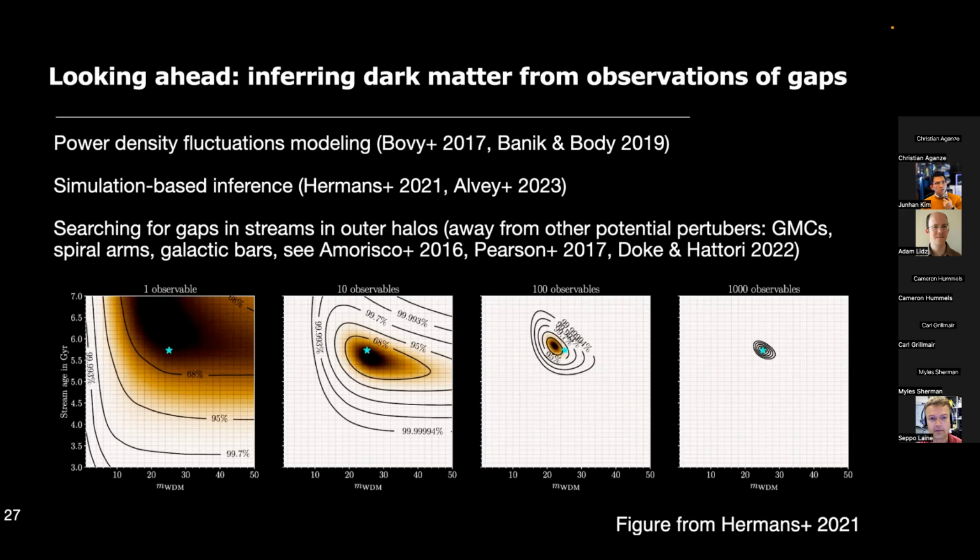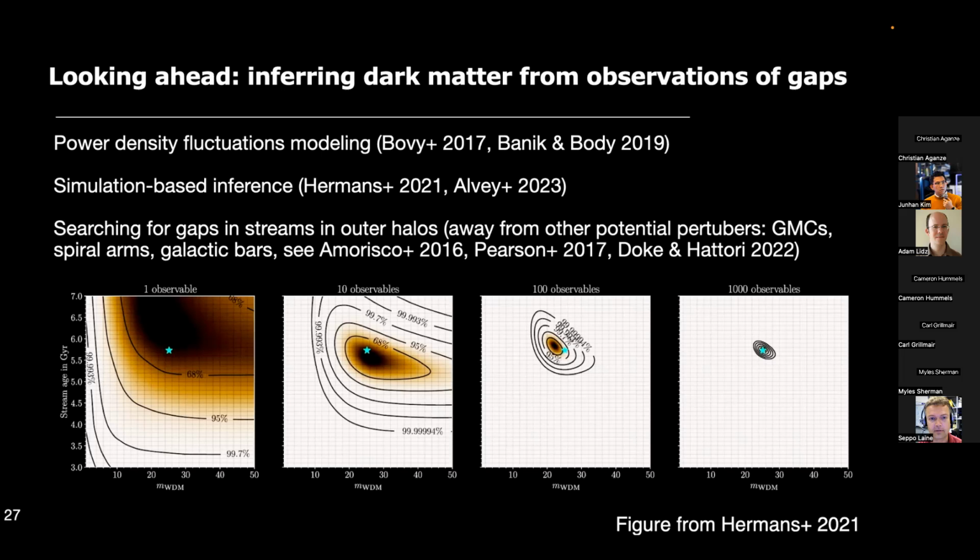Simulation-based inference is the same kind of thing, but instead of just looking at the power density fluctuation, you're looking at everything. You're trying to reproduce the entire stream track. Here I'm showing an image from Hermans 2021, where they just looked at GD1, the stream that I showed you at the beginning. Just from that gap itself, you can infer the particle mass for warm dark matter models.